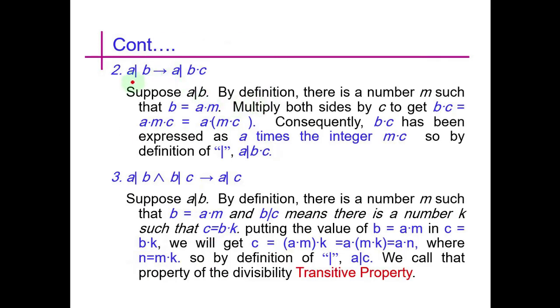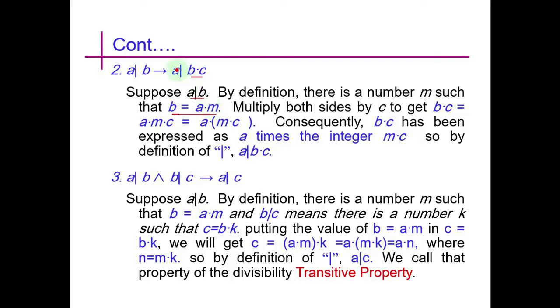For the second part, we have a divides b implies a divides b multiplied by c. So from the hypothesis we assume that a divides b and apply the definition of division, we get an integer m such that we can write b is equal to a into some integer.